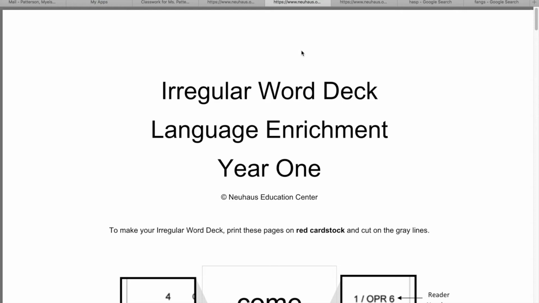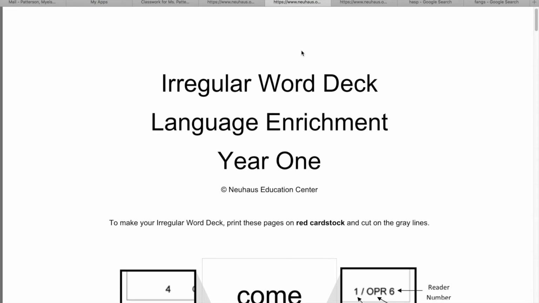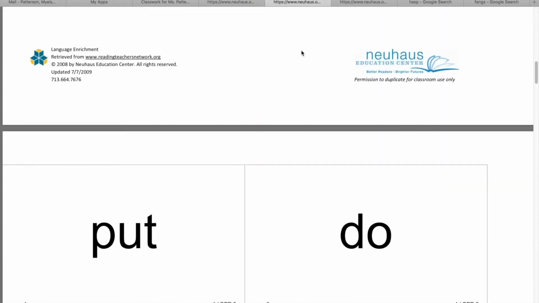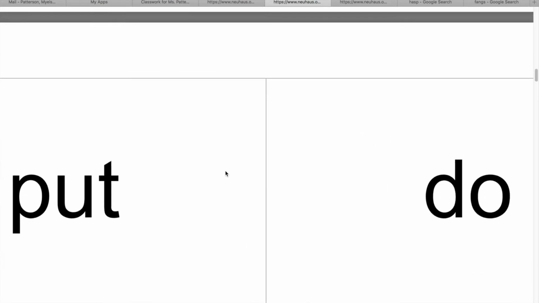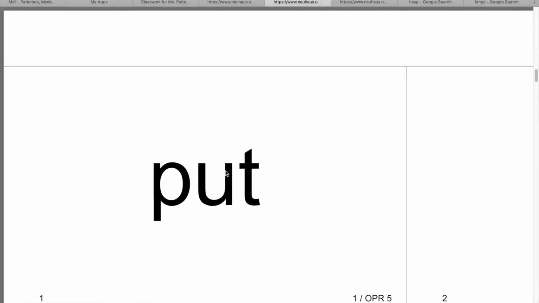Now we are going to go over our irregular word deck. Again, I want you to say the word first, and then I will say it after. Here we go.